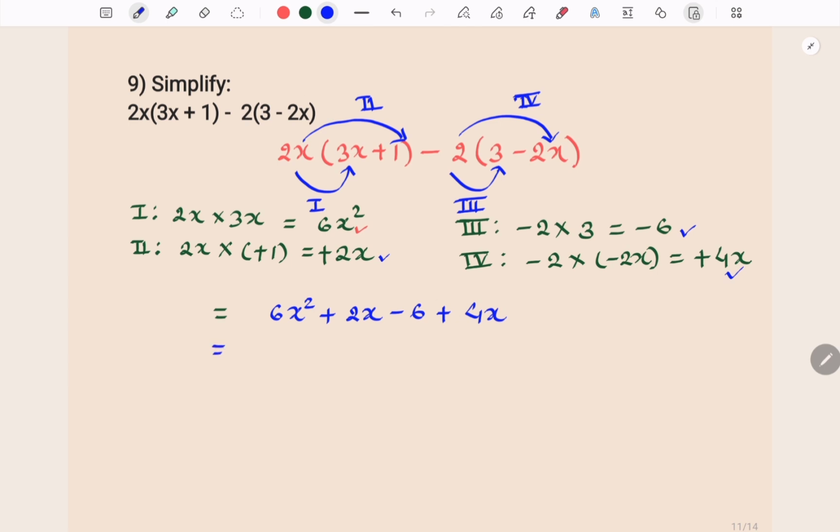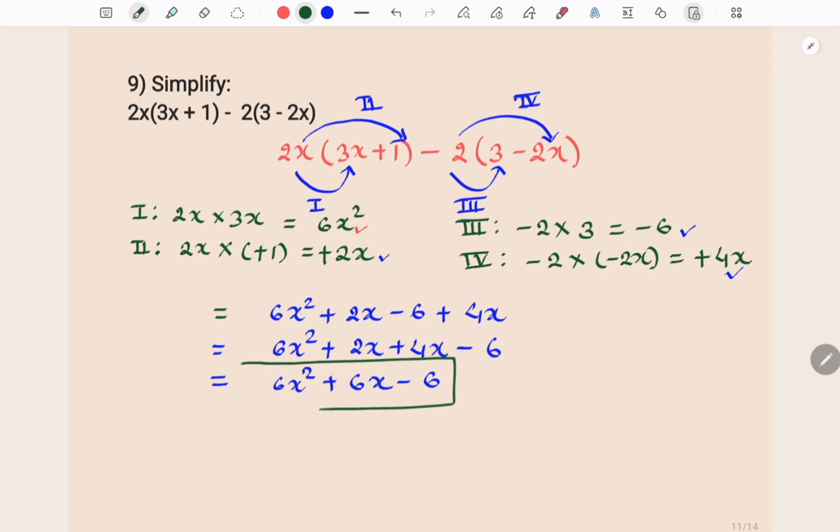Now let's group the like terms together. 6x squared plus 2x plus 4x minus 6. 2x plus 4x gives plus 6x, so we get 6x squared plus 6x minus 6. So this would be the final answer for this question.